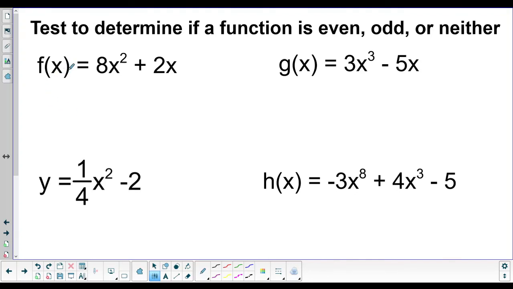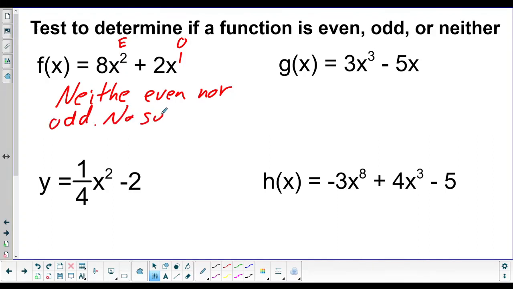So f of x equals 8x squared plus 2x. Let's remember what the invisible exponent is here. It's a 1. So this number is even. This number is odd. That's a mix. So this function has no symmetry. Neither even nor odd.